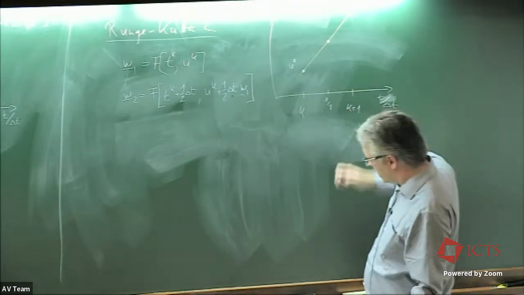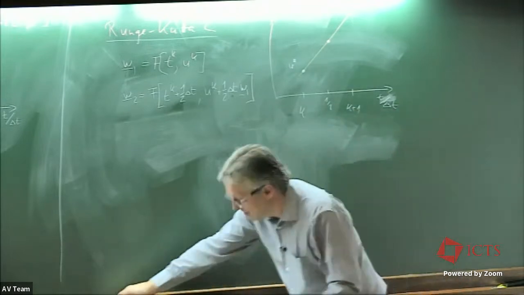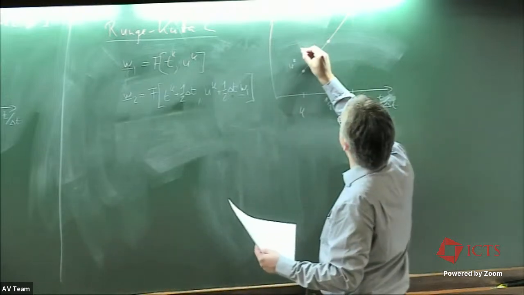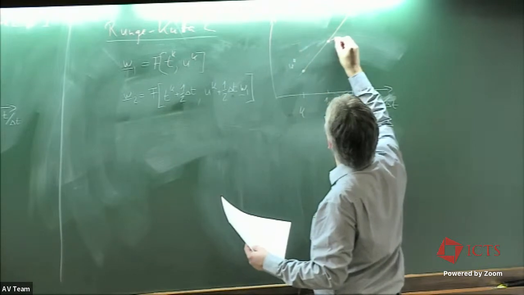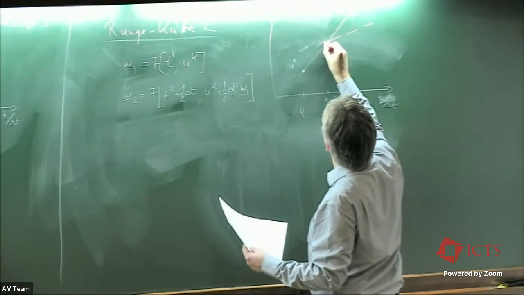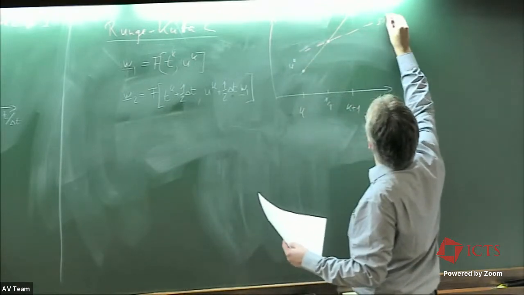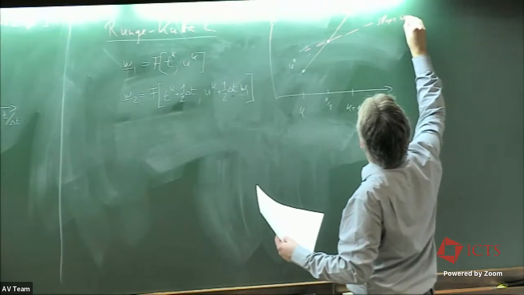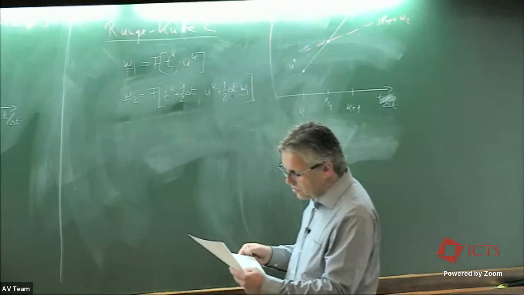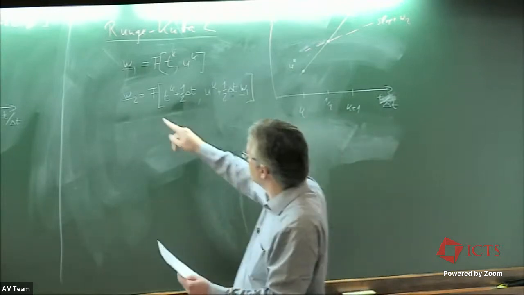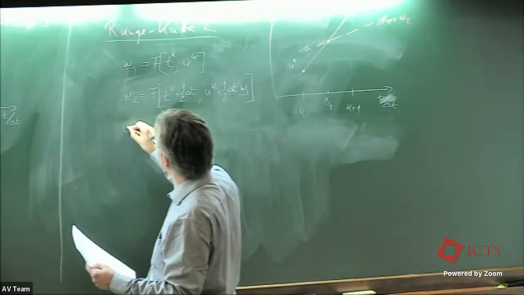And at this point, we're now evaluating whatever the slope is at this point. Slope should at least go through the point. So this is the slope W2. Now having W2, we use that one to go to the next time step.